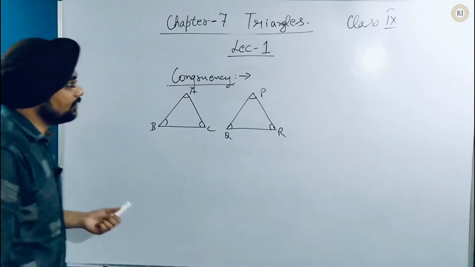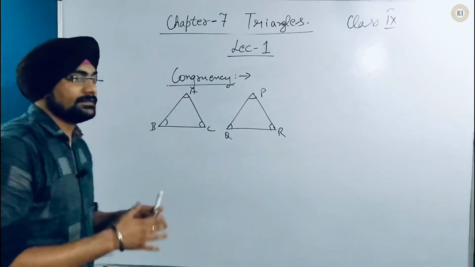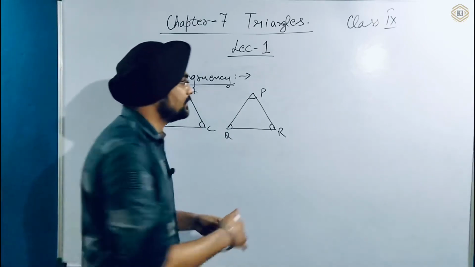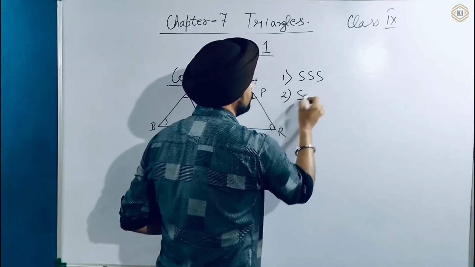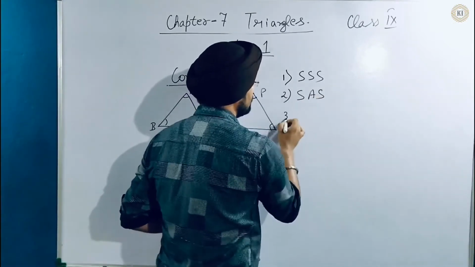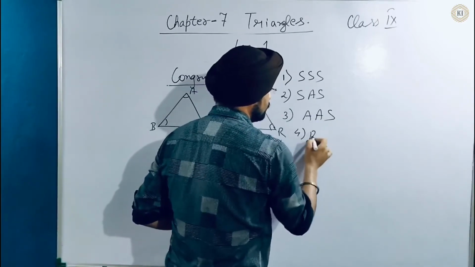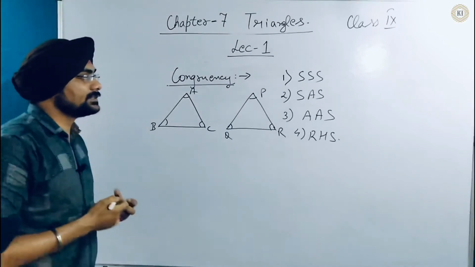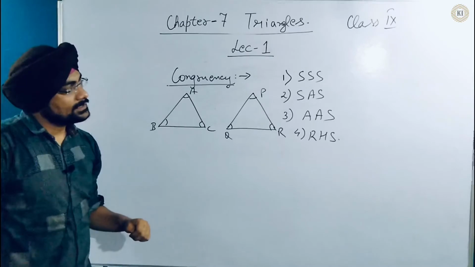Now depending on the side and angle, congruency is divided into four rules or theorems. First is known as SSS, side side side. Second is known as SAS, side angle side. Third is known as AAS, angle angle side, and fourth is known as RHS. So SSS means all the three sides are equal, corresponding sides of the triangles are equal.